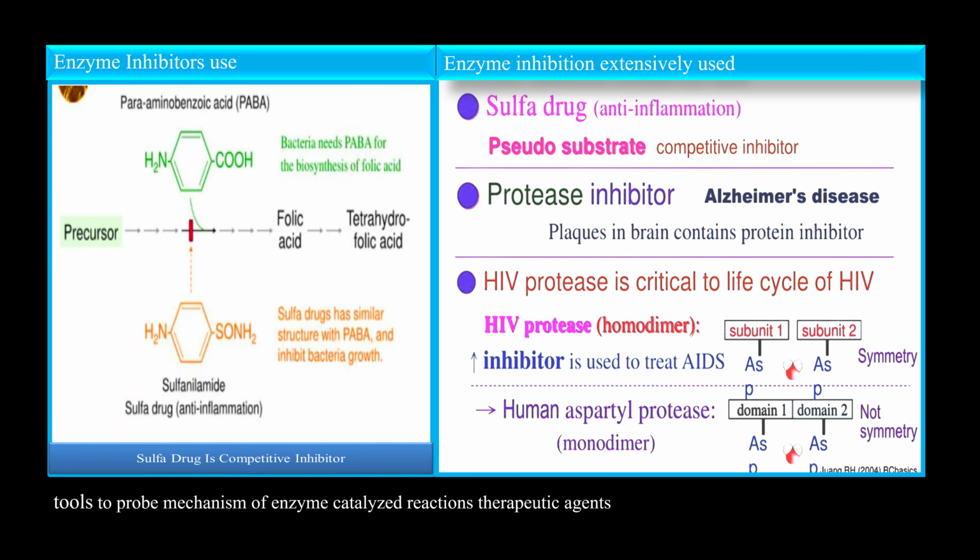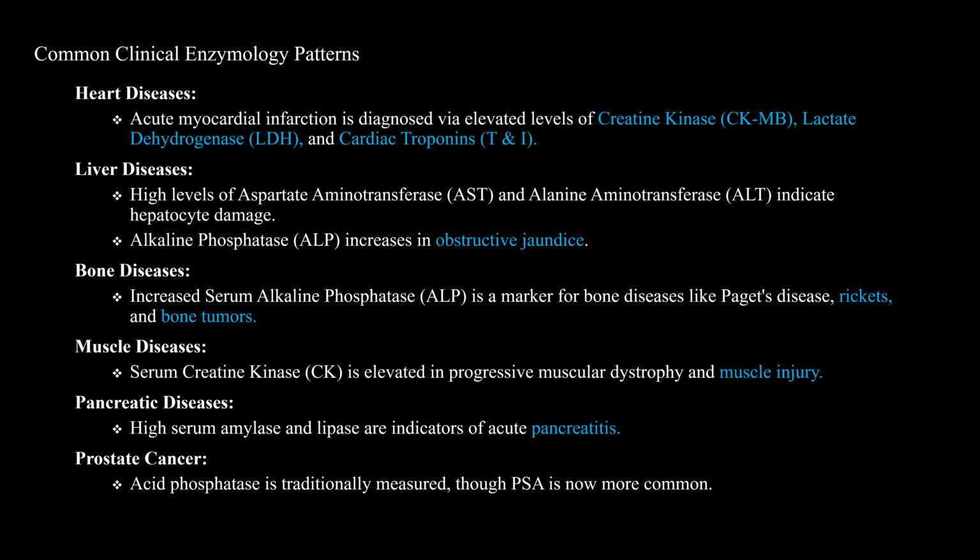Para-aminobenzoic acid, PABA: the reaction bacteria need PABA for the biosynthesis of folic acid. Common clinical enzymatic patterns: heart disease diagnosis uses levels of creatine kinase CK, lactate dehydrogenase LDH, and cardiac troponin. Liver disease: AST and ALT indicate hepatocyte damage.